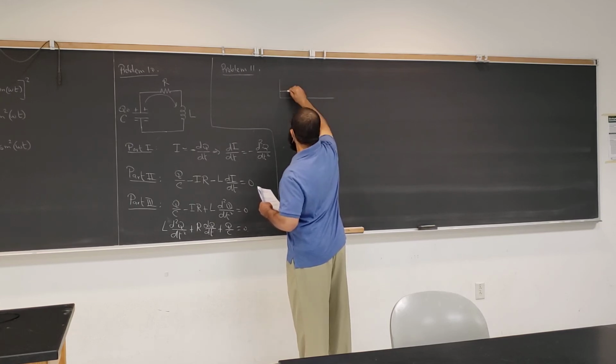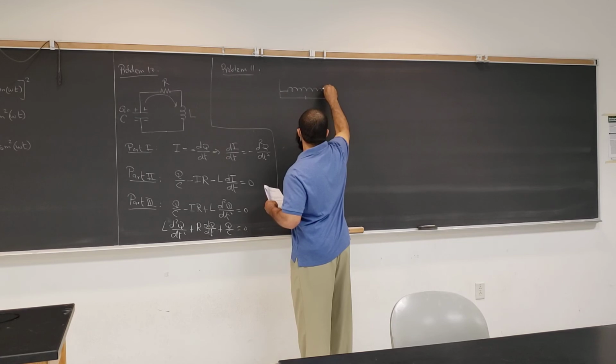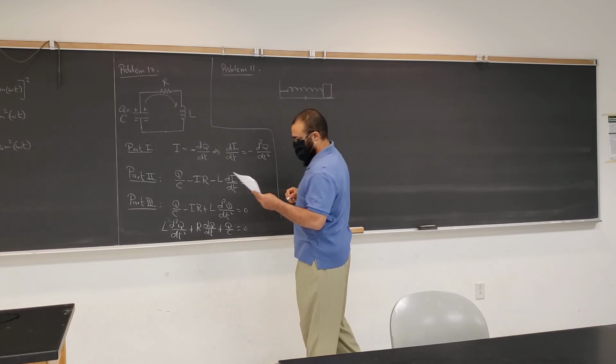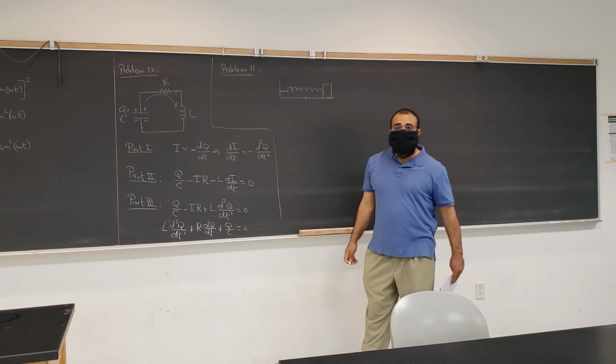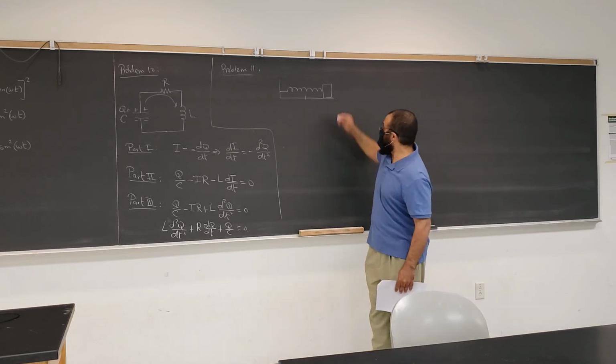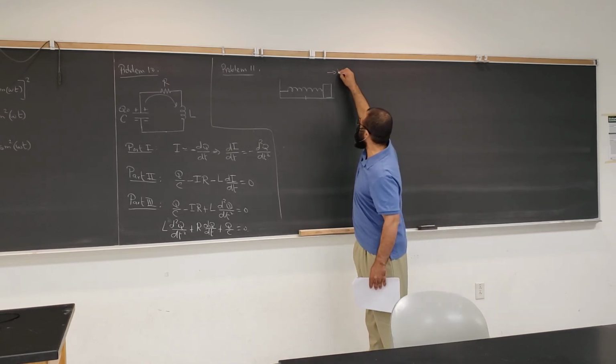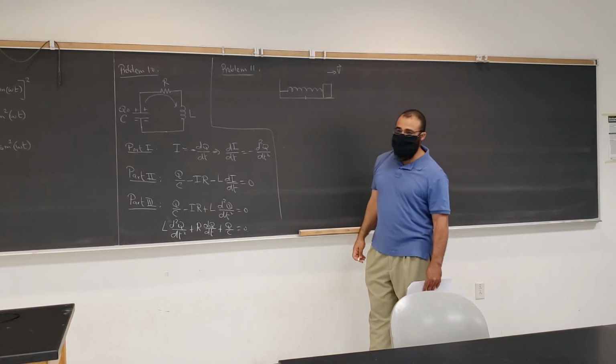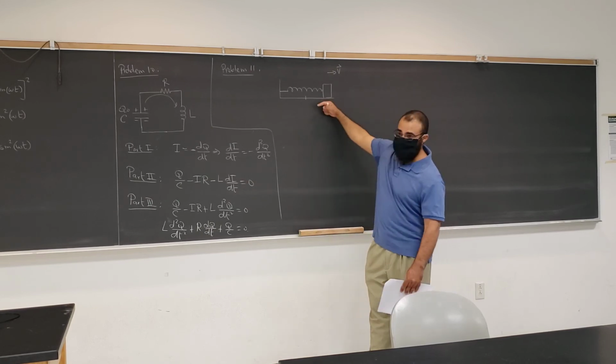you got, let's say your spring is stretched, right? Let's say the velocity is this. That's the velocity. In what direction is the force of friction? To the left, right?